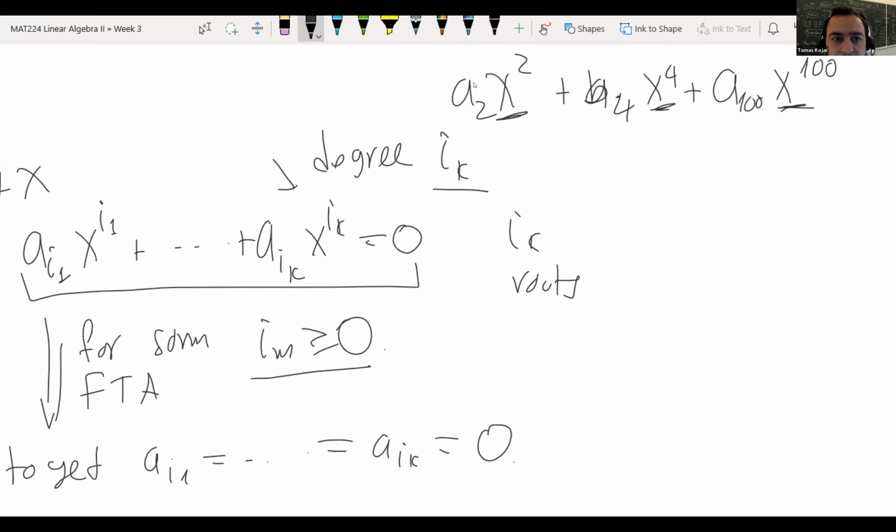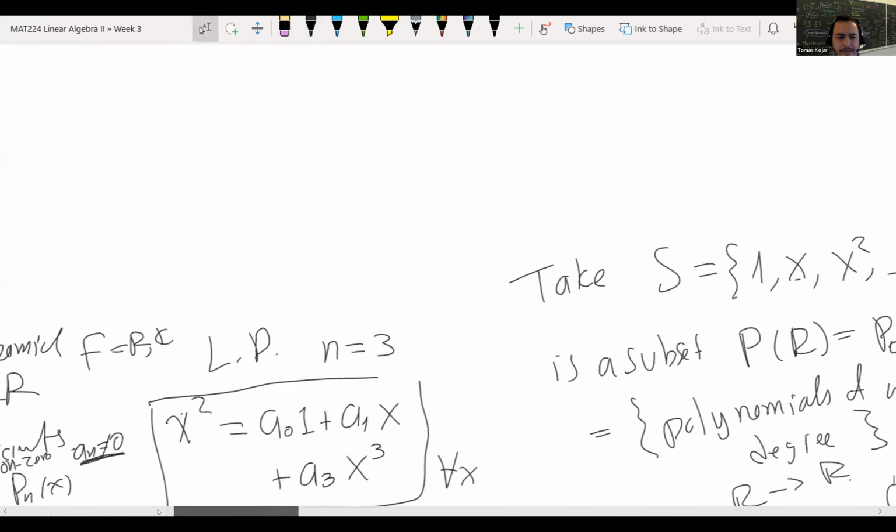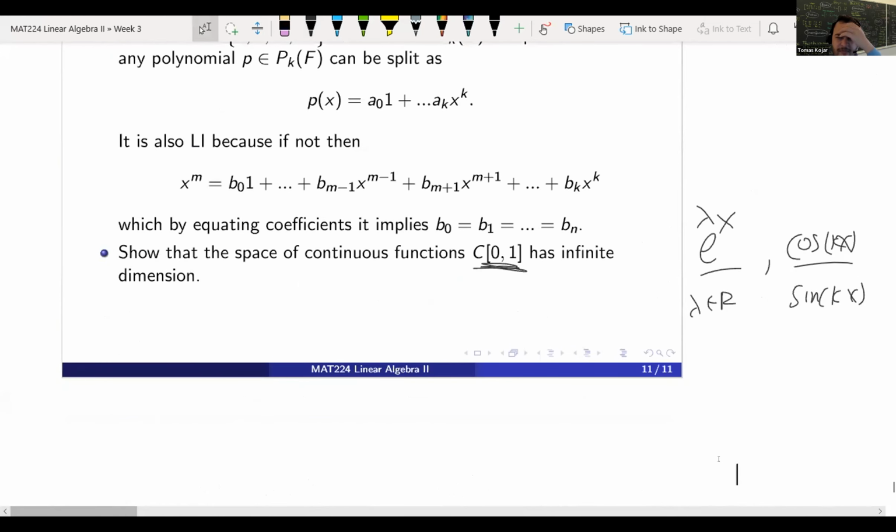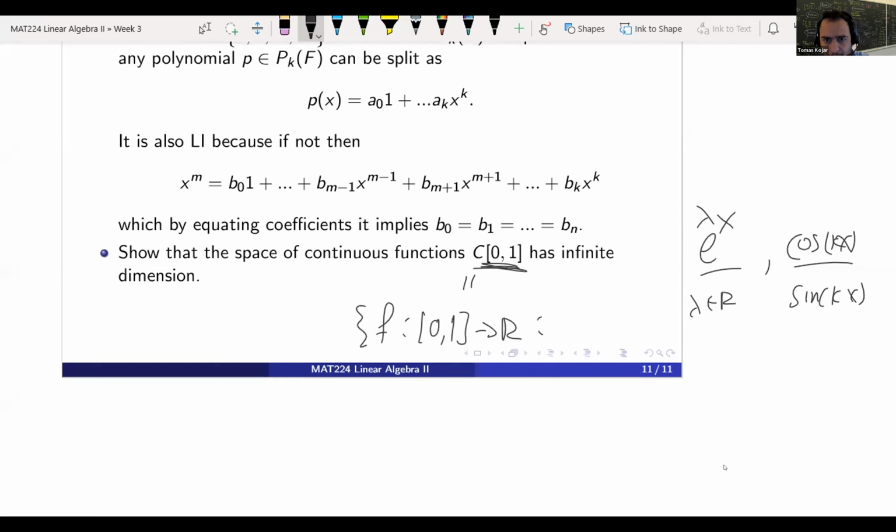Maria asks, what does C[0,1] mean? I talked about it when we talked about vector spaces, I think, and it's also in your book. These are the functions from [0,1] to R that are continuous. And remember when I talked about this limit stuff?